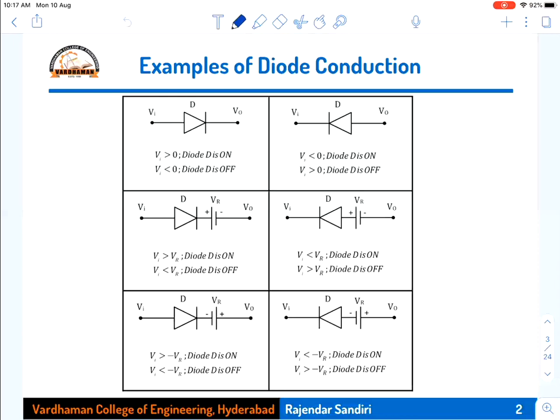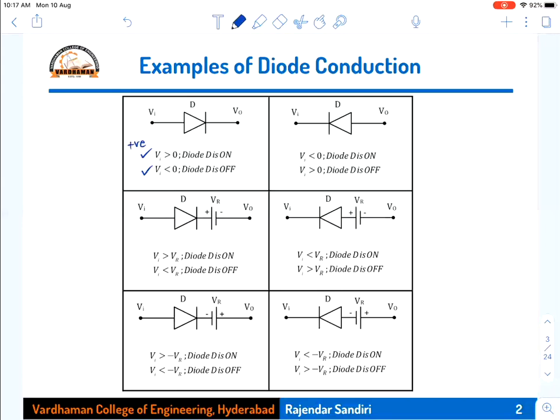In the first case, the diode input voltage VI is a sinusoidal voltage. That's why we get both combinations, positive voltage as well as negative voltage. So VI greater than 0 is positive voltage, and VI less than 0 is negative voltage. So when VI is greater than 0, the input voltage is positive.